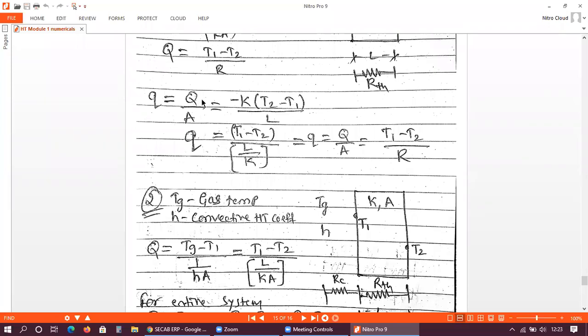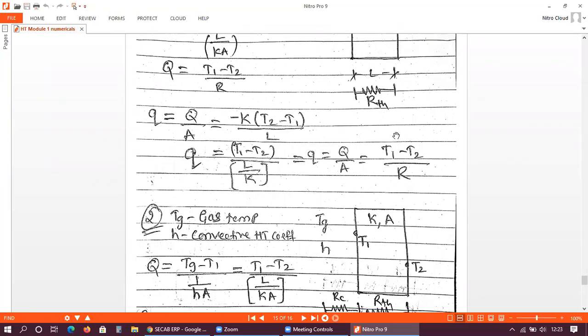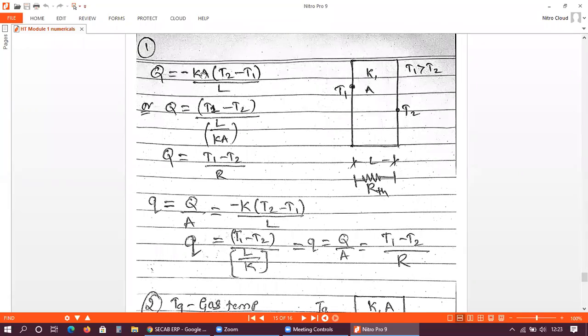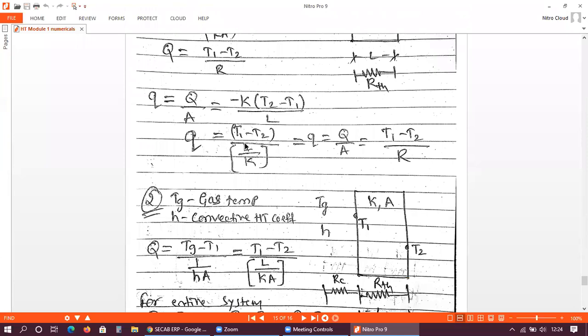From Fourier's law of conduction, if you observe carefully, if I take this A to the left hand side, it will become Q by A. The same thing I have made here. So this small q is nothing but Q by A, which is equal to minus K into bracket T2 minus T1 divided by L. I have transferred K to the left hand side of the equation.